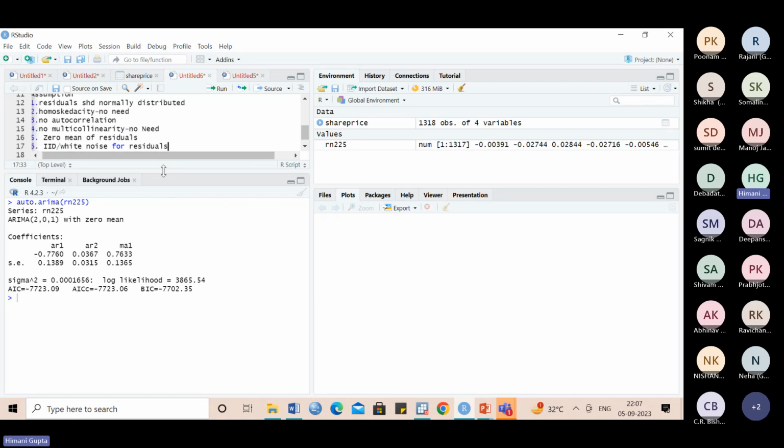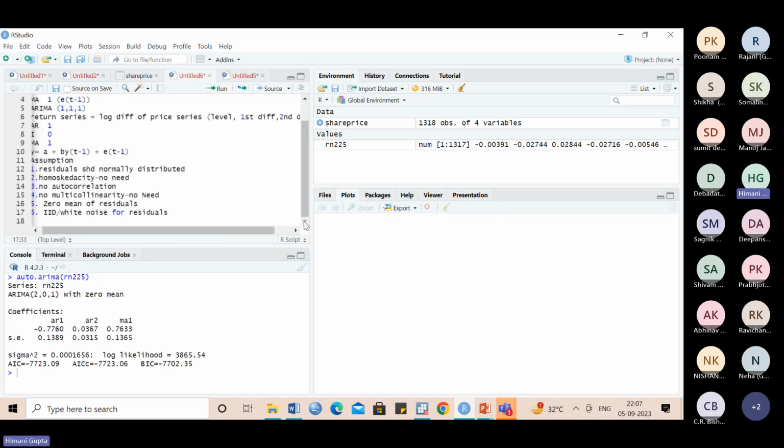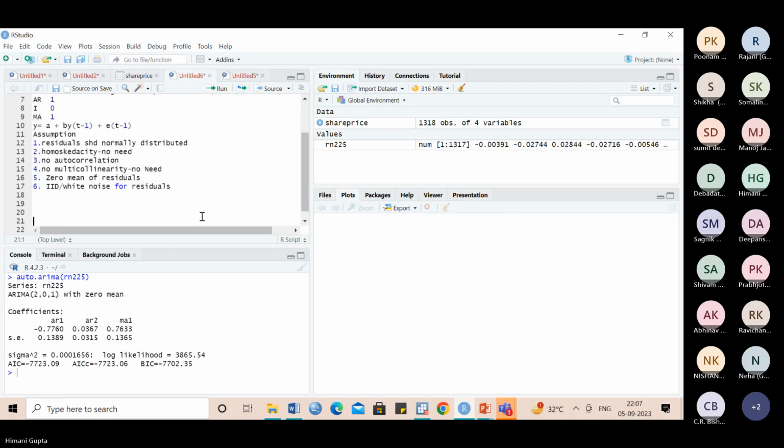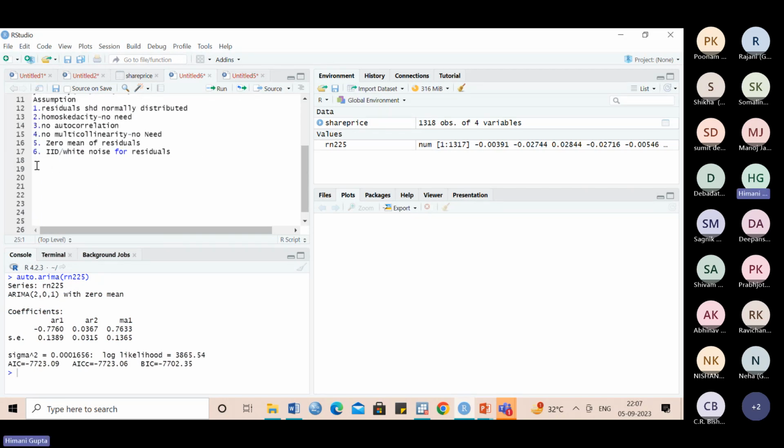First, I can check it by AIC, Akaike information criteria. Second, I can check it by BIC, Bayesian information criteria. And third is maximum log likelihood. These are the 3 criteria by which I will check which model is the best.